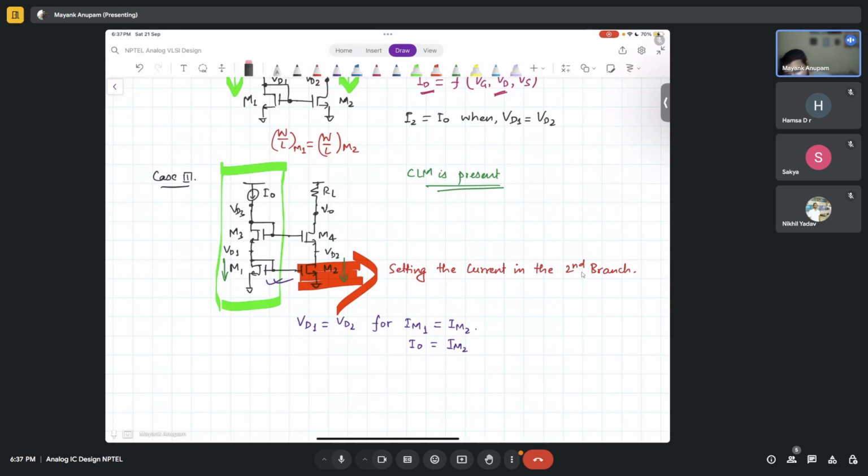If any device is there, you want to make sure that the current flowing through the two MOSFETs has to be the same. We know that the MOSFET is controlled by three terminals, right? Gate, drain, and source. They are the three terminals which control the current through the MOSFET. Now, if no one knows anything about the device physics, we only know that there are three variables which control the current in the device.